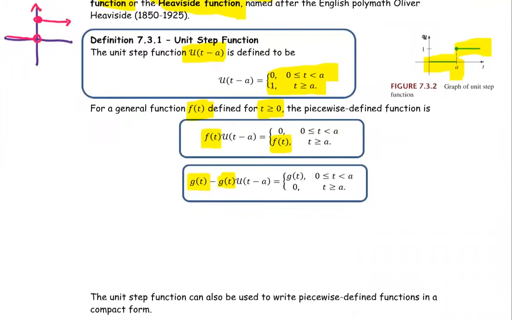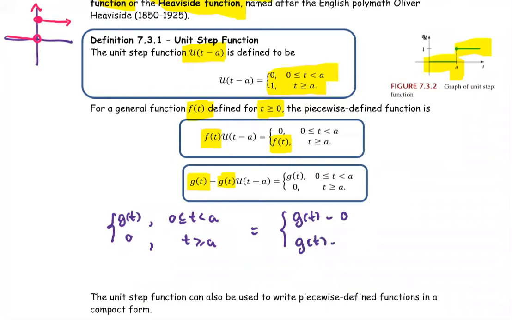I can show you real quick how to derive this form. The function g of t defined for the first part from 0 to t less than a, and then 0 for t greater than or equal to a, is the same as writing g of t minus 0, and the 0 is the same as g of t minus g of t.